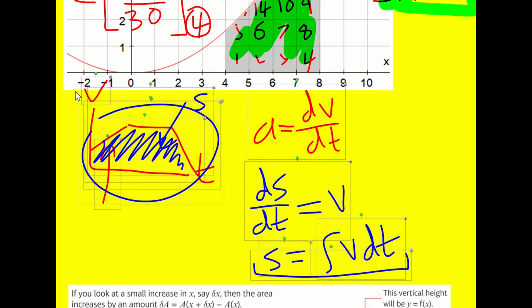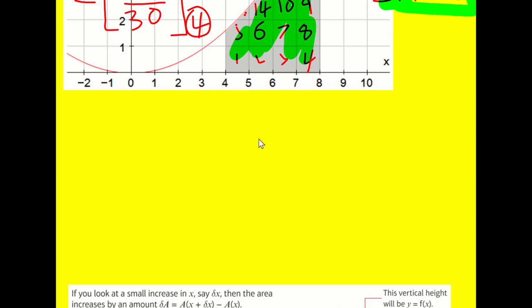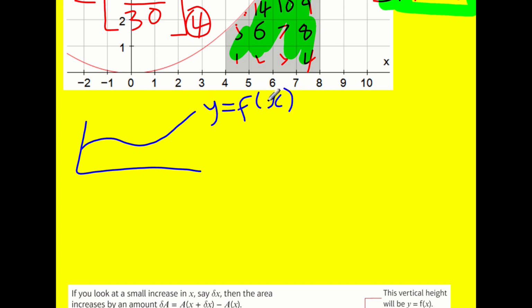Let's do it a little bit more rigorously now. So I'm going to imagine I've got any kind of graph. Let's say it's y equals f of x. And I want to calculate a large area, say this area here.